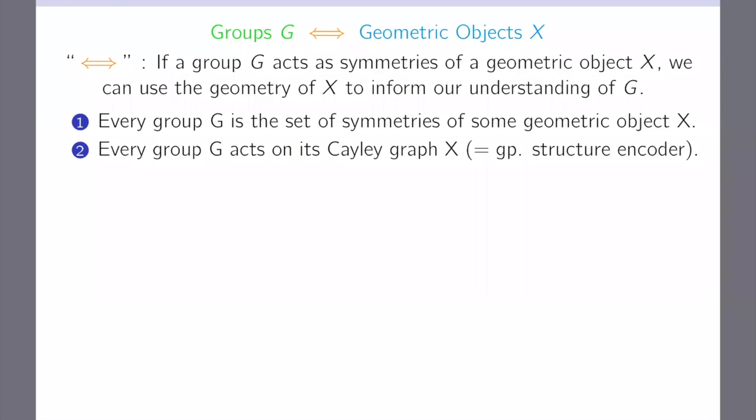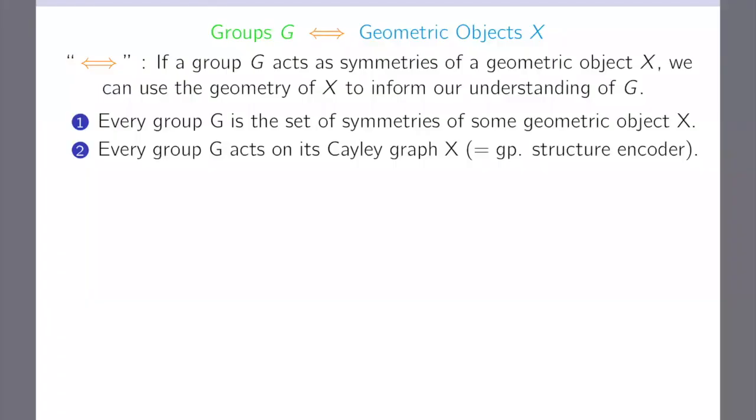So, groups and the geometric objects they act on. If a group acts as symmetries of a geometric object, then we can use the geometry of that space to inform our understanding of the group. It's a way of having a geometric representation of the group, which maybe you had only described algebraically.